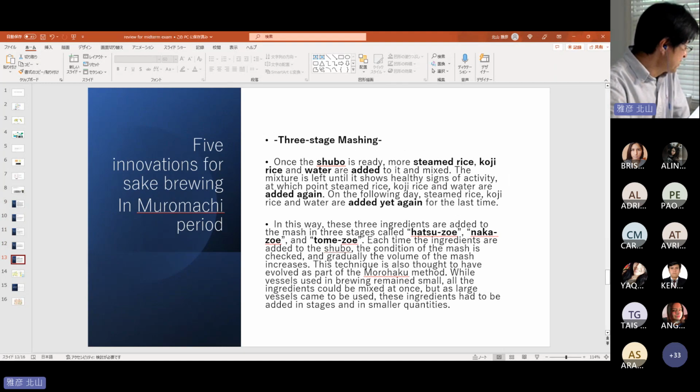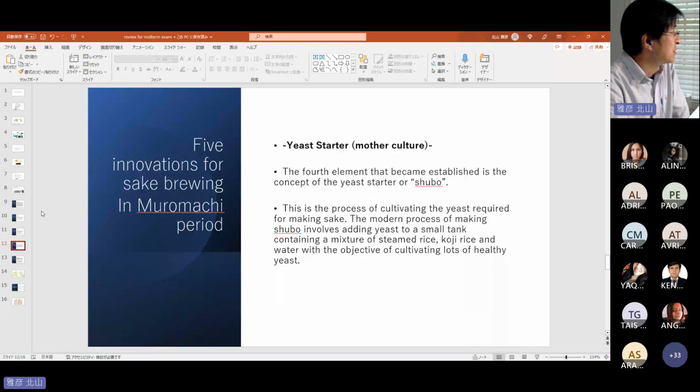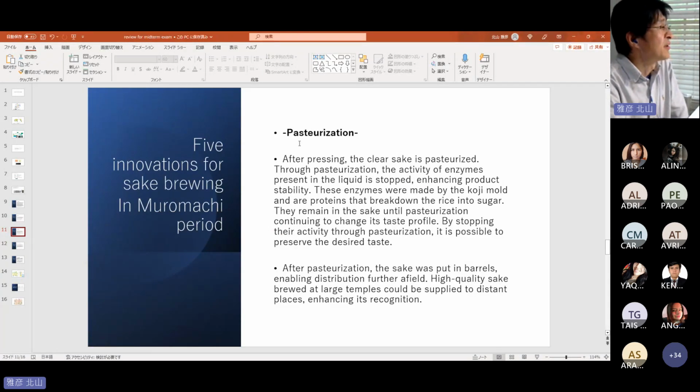And my question is, what is the technique the temple in Nara developed that makes long storage or long journey transportation possible for sake? It was pasteurization.